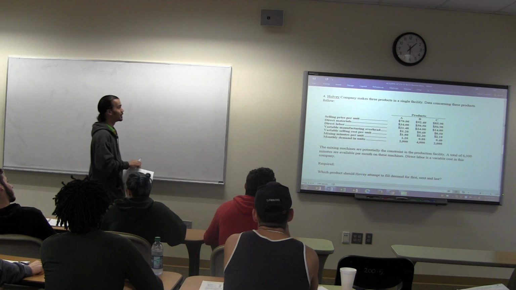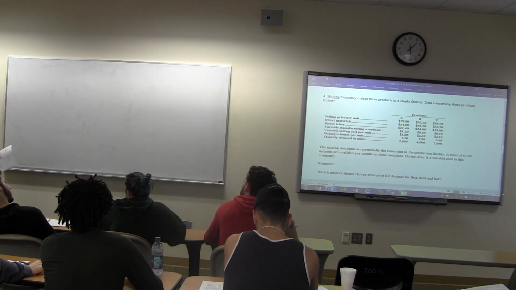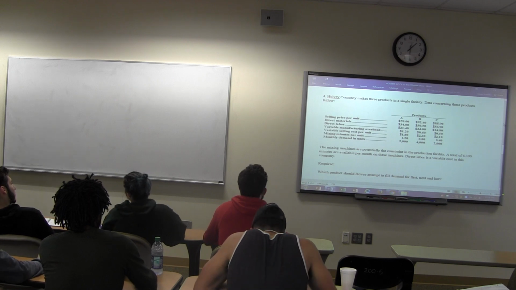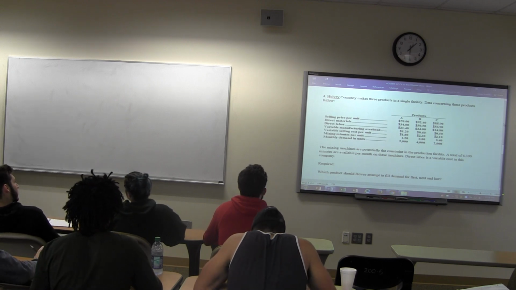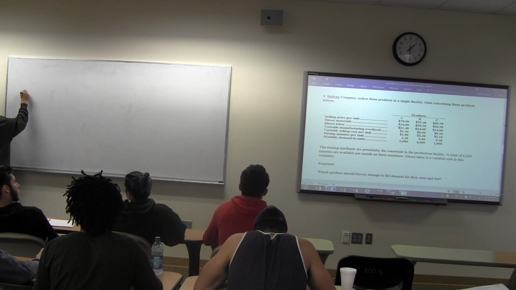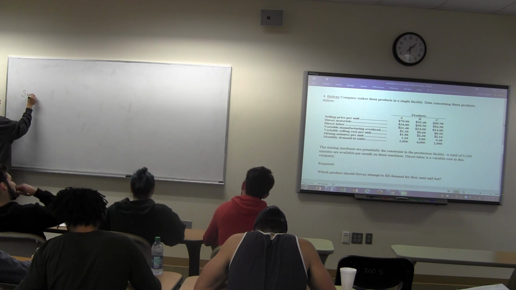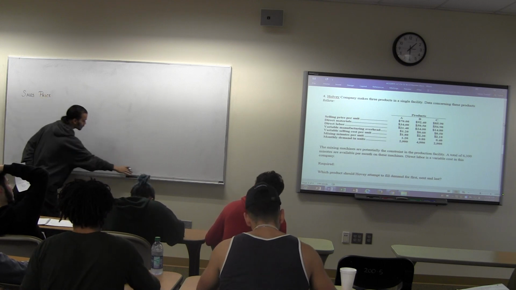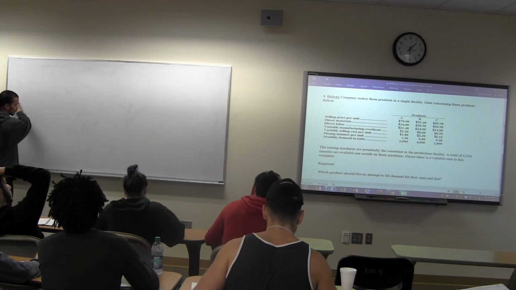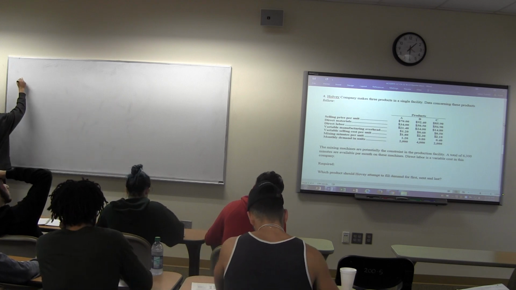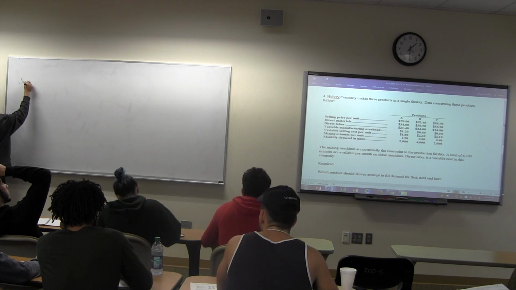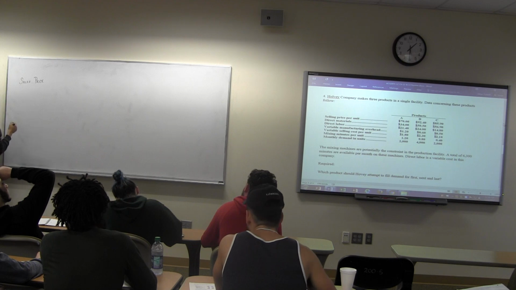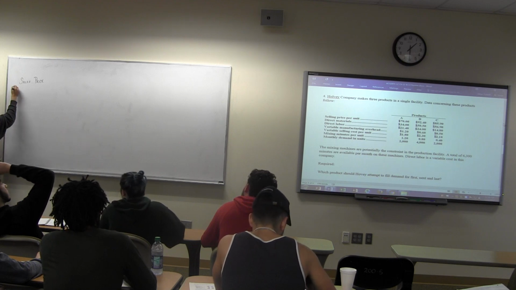So the first thing we do here is come up with that. What is my contribution margin per unit? Who can tell me what my contribution margin per unit will be for A, B, and C? Because I know I have a sales price, right?